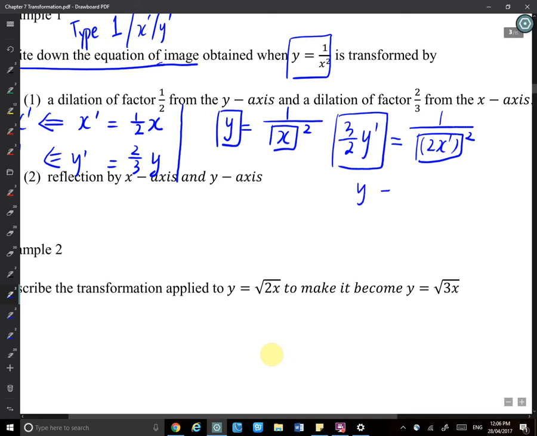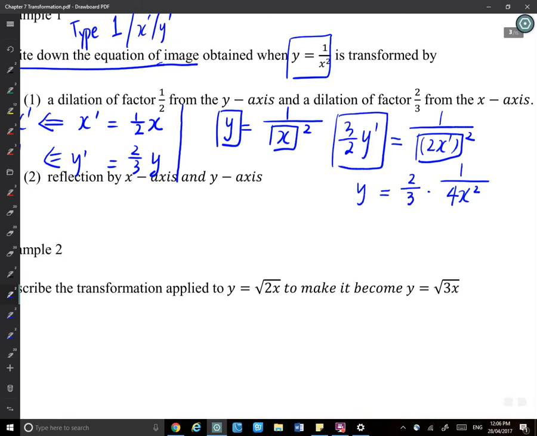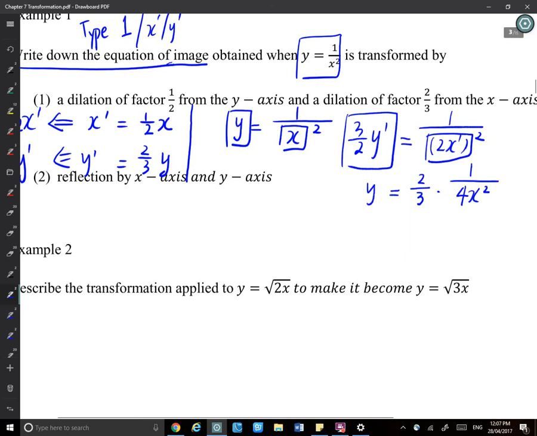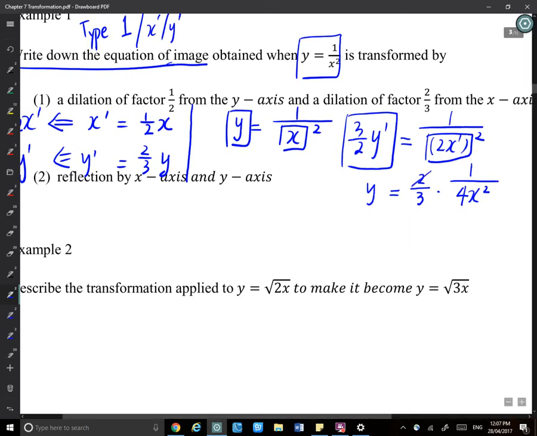So y dash will equal 2 over 3 times 1 over 4x dash squared. Flip the fraction to the side. You want to simplify things, because that 4 can simplify with this 2. So that's why I'm trying to open the bracket.